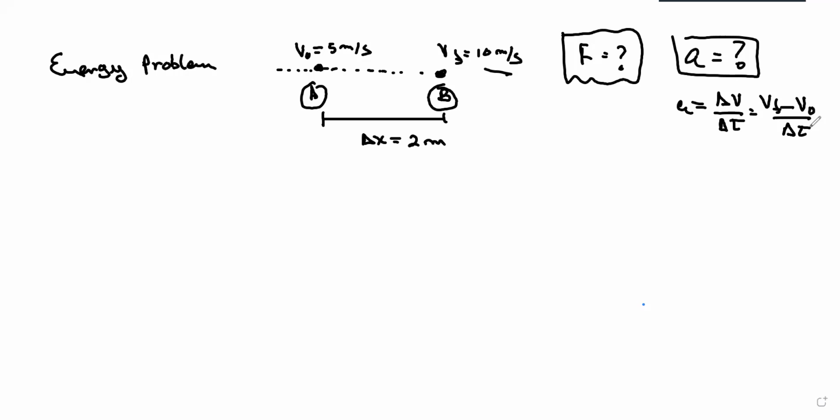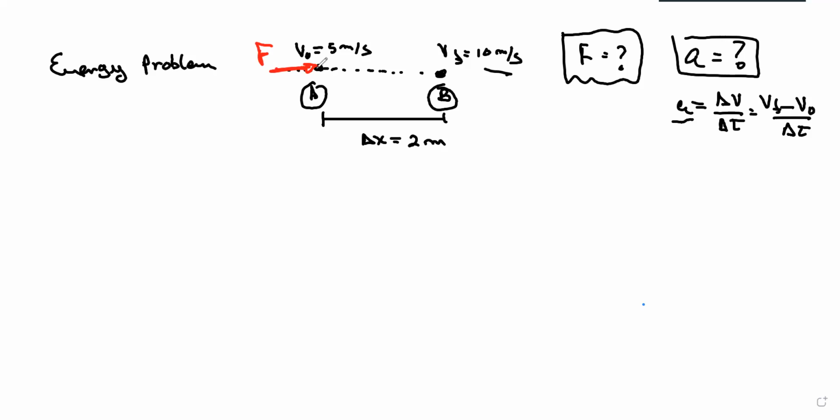You have a velocity of 5 and a velocity of 10, so there is acceleration present in this problem. So we have to find what is the force that you apply. Remember that somehow you're applying a force right here, and the force is the one responsible for the change in velocity.